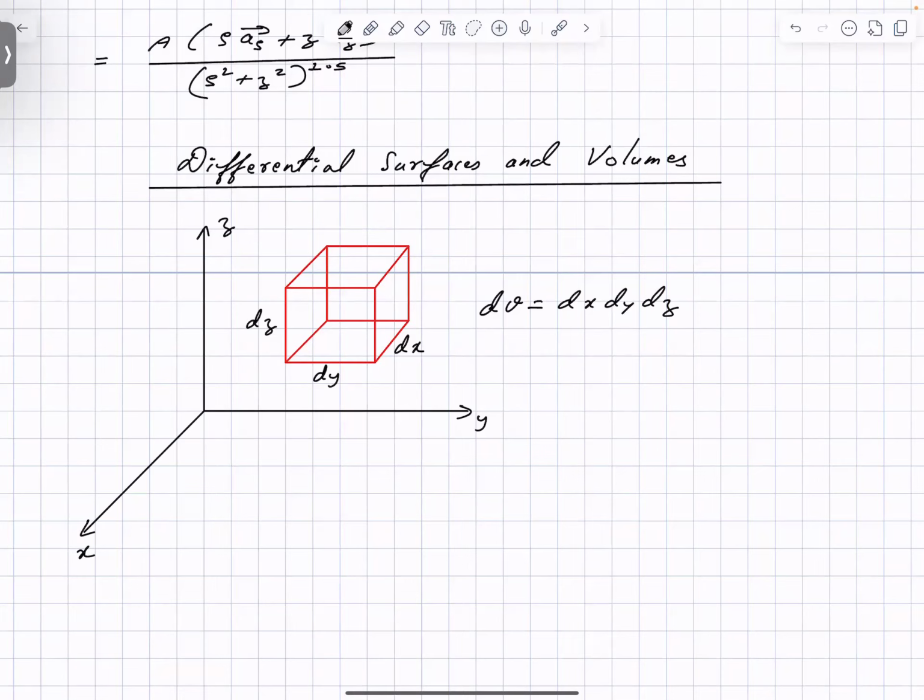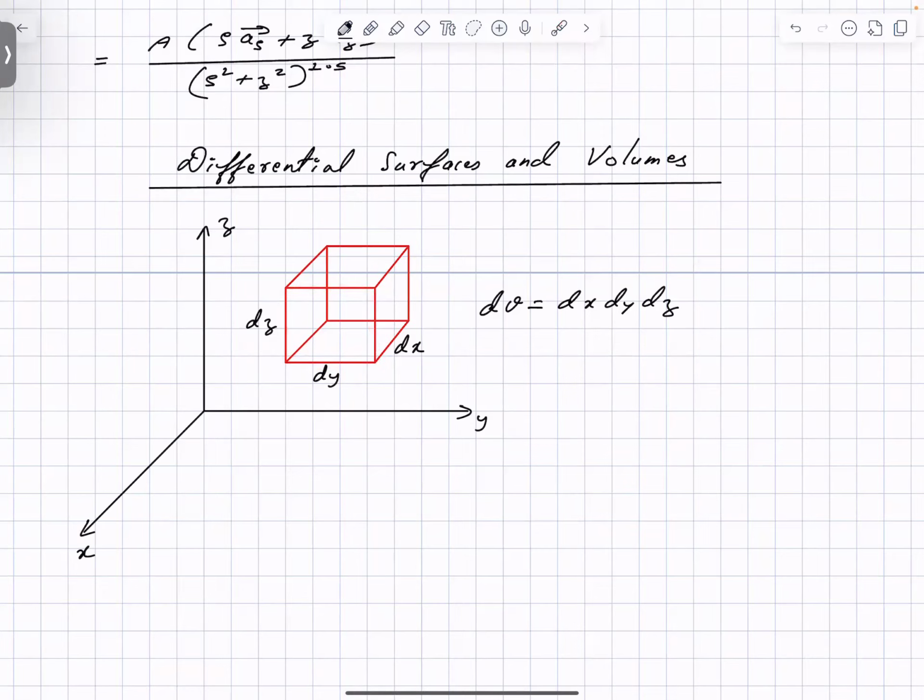Now, how many surfaces are enclosing this volume? 6 surfaces, right? And 6 surfaces, but there are 3 types. So first type is a surface that has no variation in x, while y and z values vary. So that would be this. The front would be that type, right? There is no variation in x. The back would also be of that type. No variation in x, variation only in y and z.